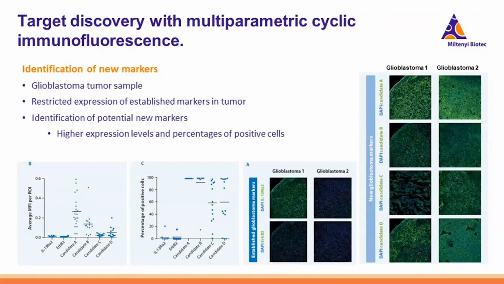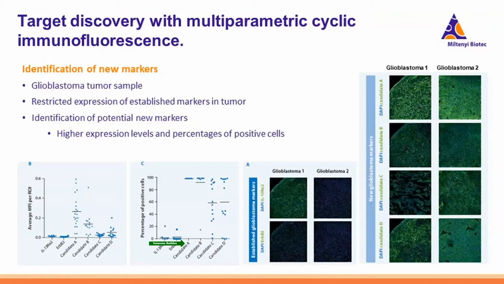Here we did this for a glioblastoma tumor sample, and we found that there is only restricted expression of the established markers in this tumor. You see this here and here. So there's not so much expression of these commonly known markers that are also used for CAR-T therapy. And we identified 4 new markers, A, B, C, and D, that have higher expression levels, as you see here on the left, and also a higher percentage of positive cells.